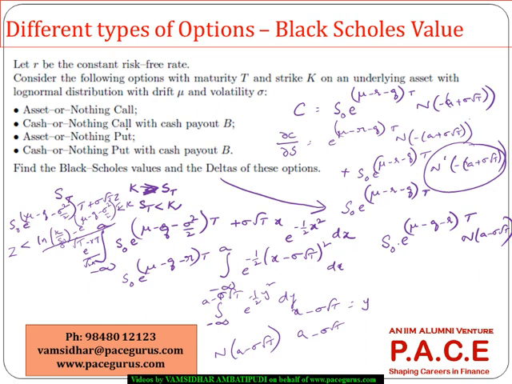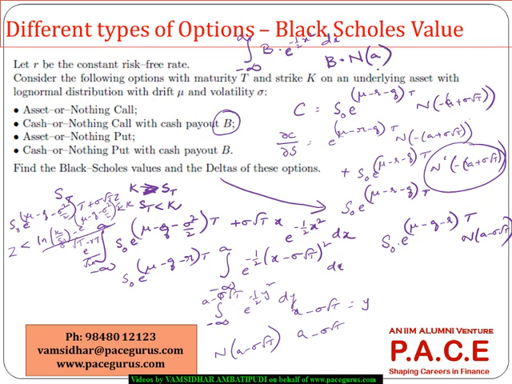But when we are looking at cash or nothing call with a cash payout of B, the only thing that is coming out in that case is I am integrating, let's say, between minus infinity to a, B times e to the power of minus half x square dx. So it is coming out as B times N of a.